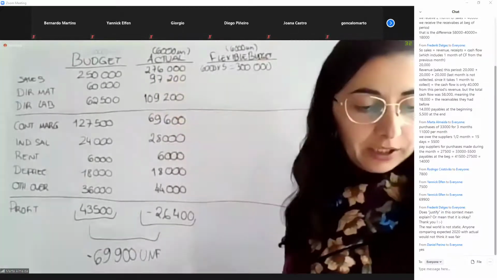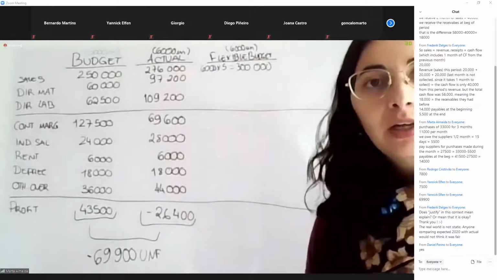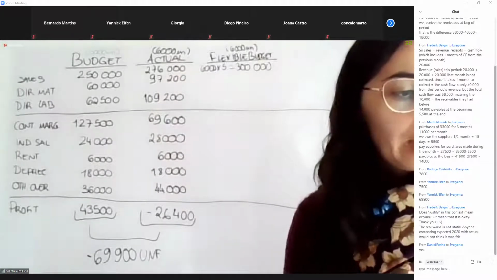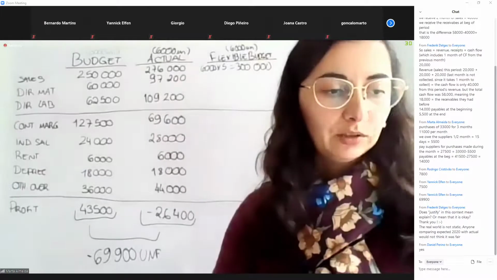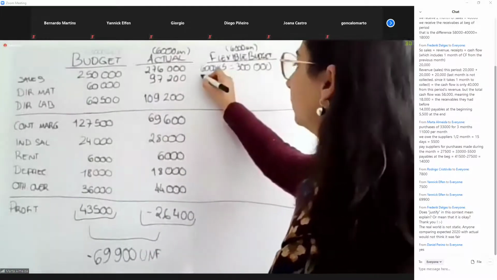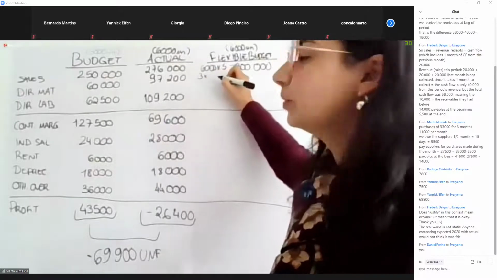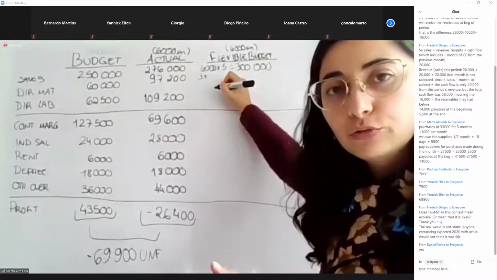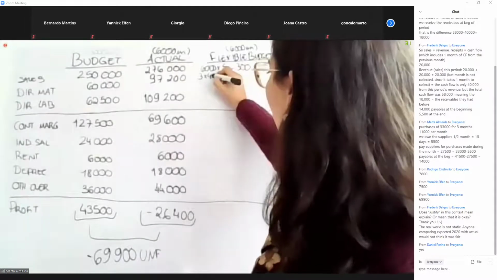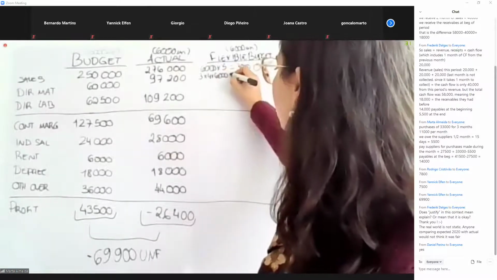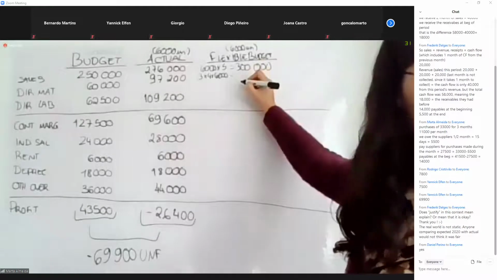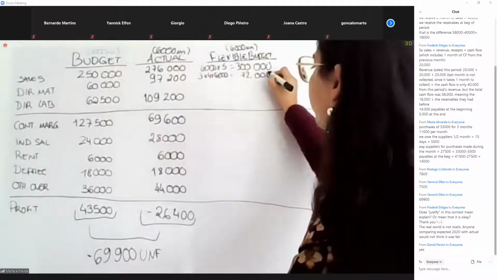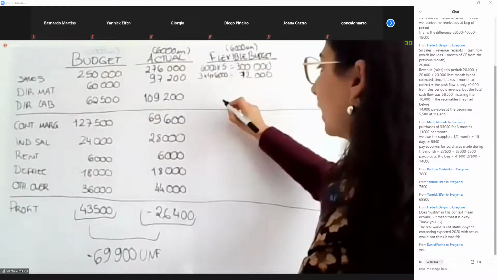Then we have direct materials, which we calculate for the actual volume. We expect direct materials to be 3 meters per unit, at a standard price of 4 pounds per meter, times 6,000 units. That would give us 72,000.